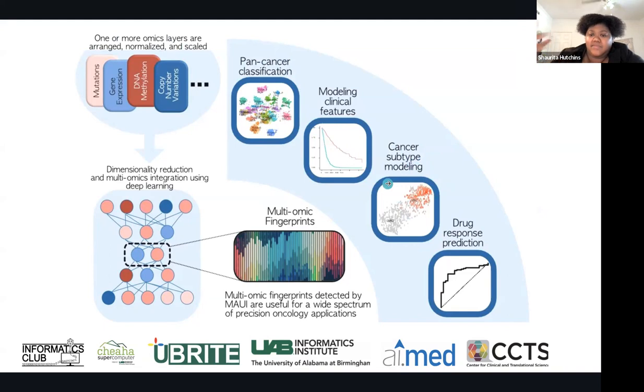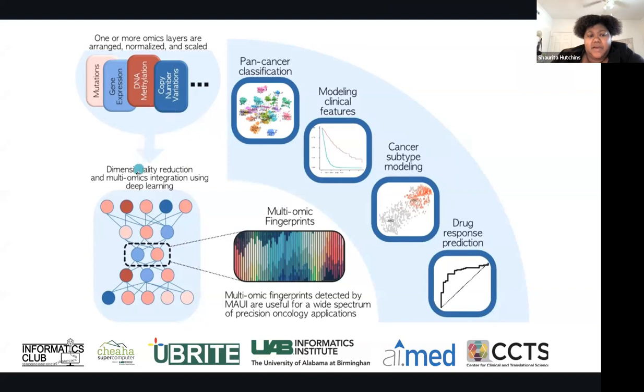You could look at neurodegenerative diseases or cardiology or cardiometabolic traits and things of that nature. But you want these multiple omics layers. You want to arrange, normalize, or scale them towards each other, whether that's copy number variants, gene expression, mutation, DNA methylation, the epigenome.